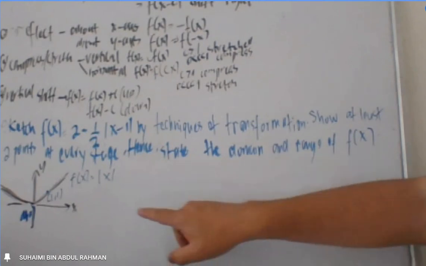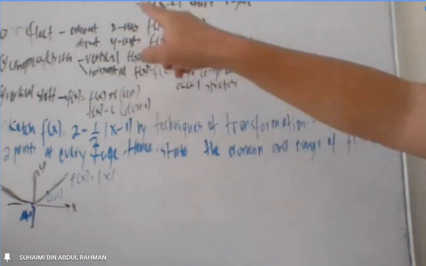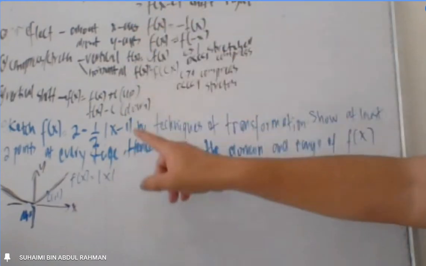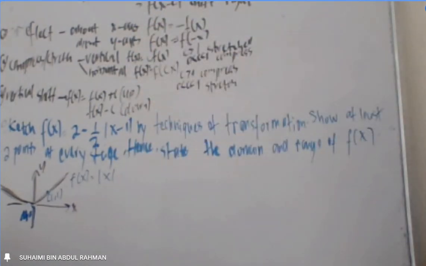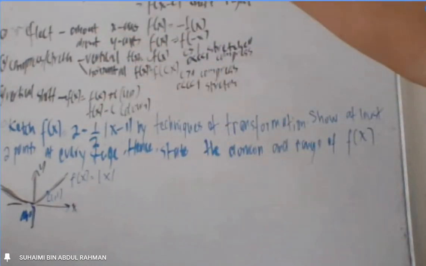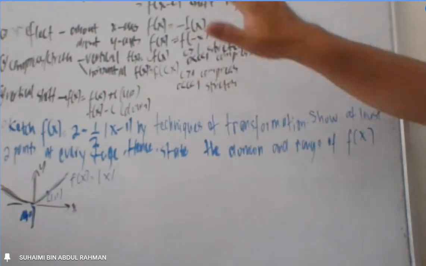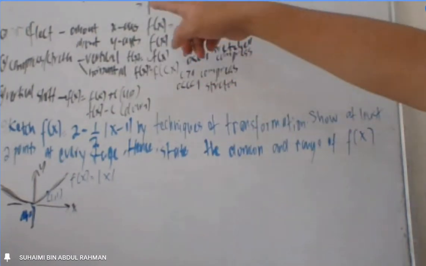So what do we get? Is the horizontal shift involved? Because we go one by one, we cannot go straight to number 1. We have to start with number 1. Horizontal shift.